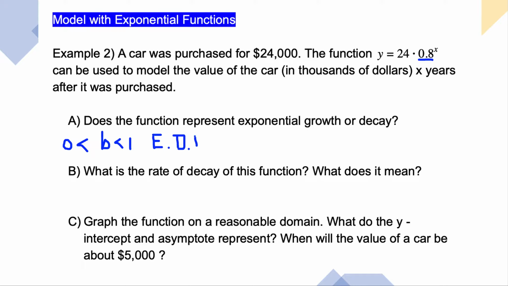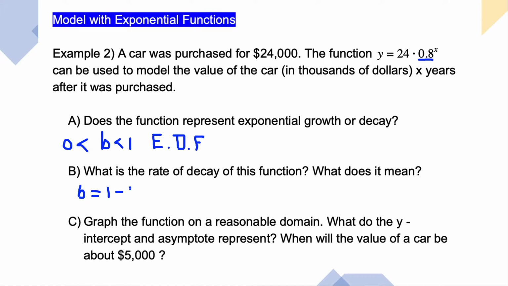Now B. What is the rate of the decay of this function? Because the factor b in the exponential decay function is equal to 1 minus r. We already did this in previous videos.